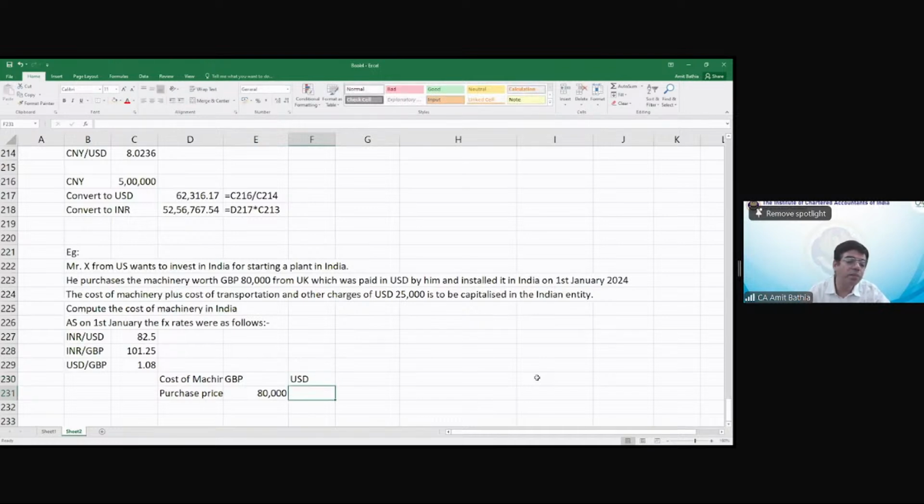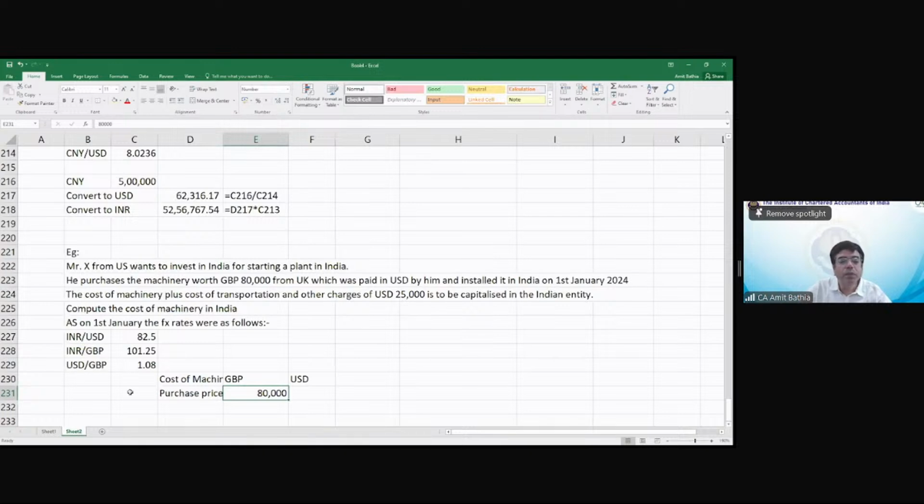How much will it come to in USD? Tell me. Are you going up the ladder or down the ladder? Up the ladder or down the ladder? Up. From GBP you are converting into USD, right?